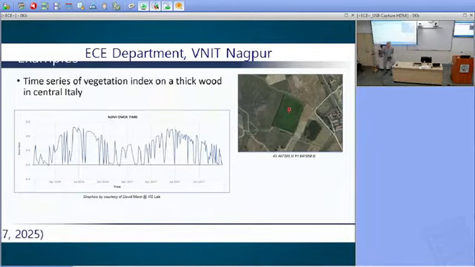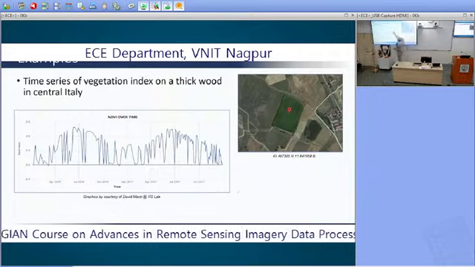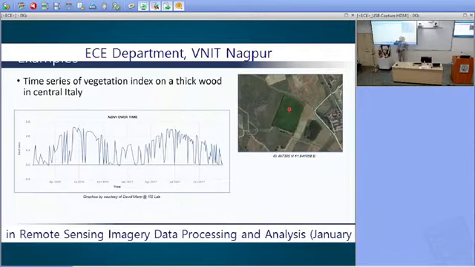And you notice that there's a sort of repeating envelope for the curve, higher vegetation activity in summer, lower in winter. Okay, so you can notice that because the acquisition is sufficiently frequent, you can see a smooth change.